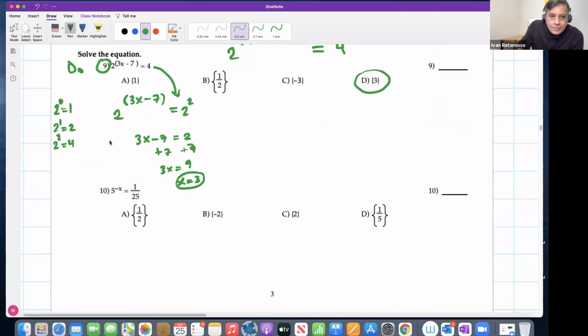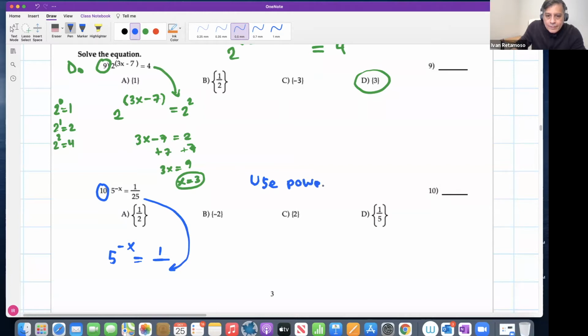It's a little bit tricky, but I think you will be able to handle it. 5 raised to minus x equals 1 over 25. Hint, use powers of, look, between 5 and 25, the smallest is 5.